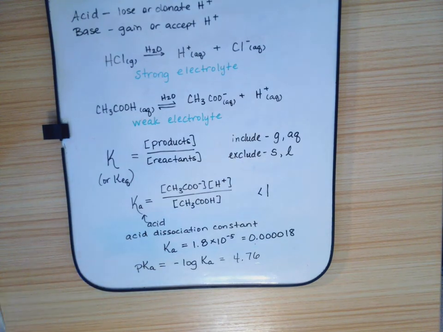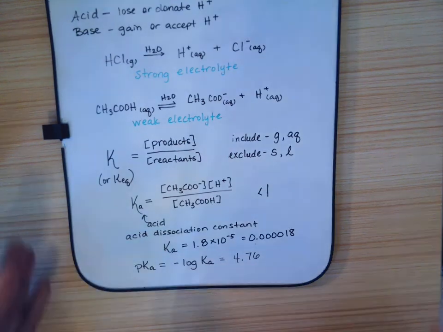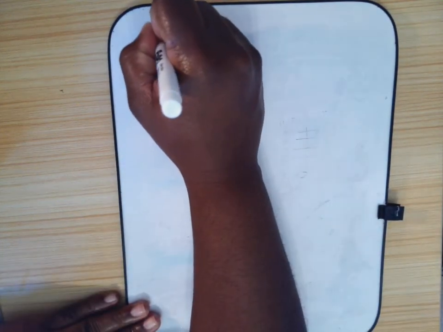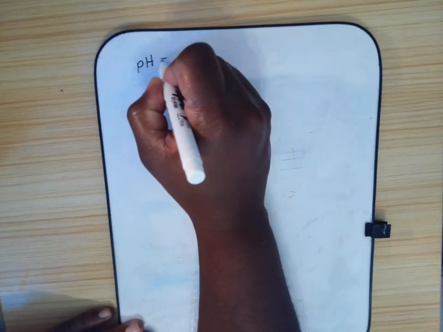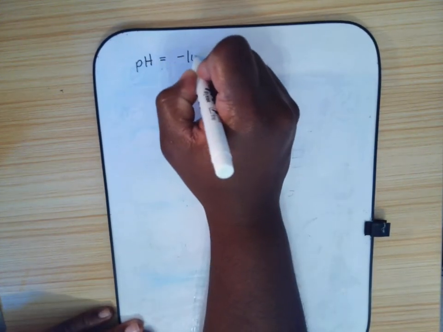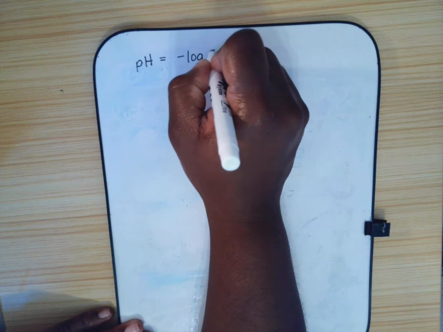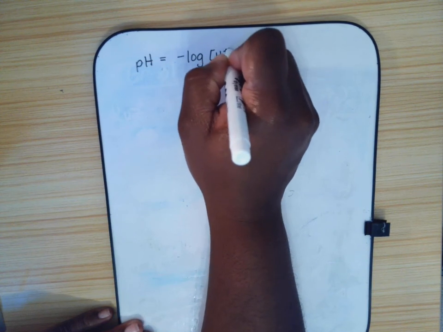And so, in order to determine the pH of a solution, again, it's the measure of acidity of that solution. But the way you calculate pH is negative log of that proton concentration.